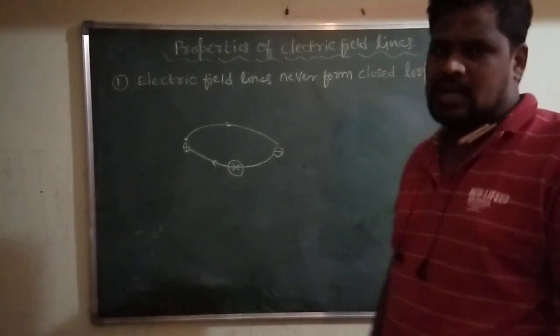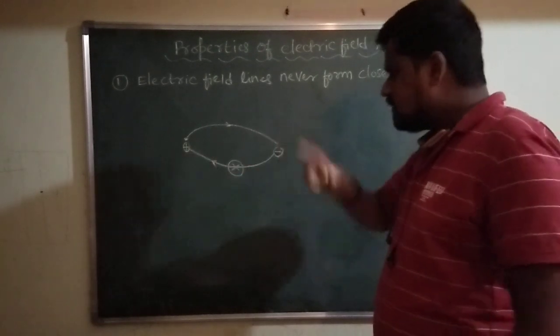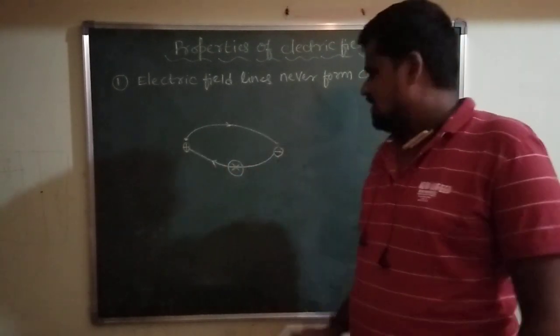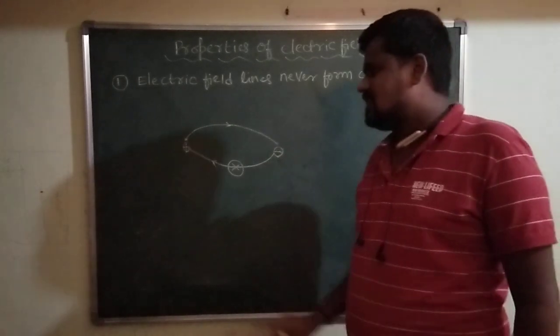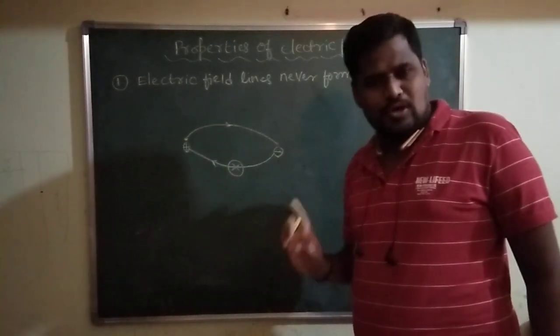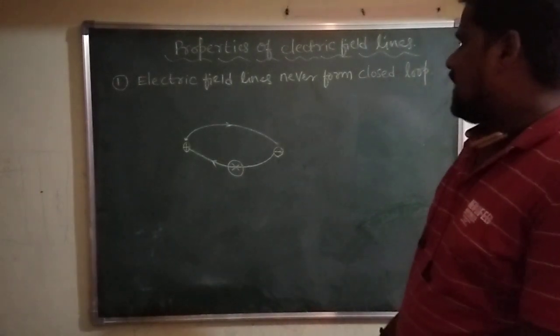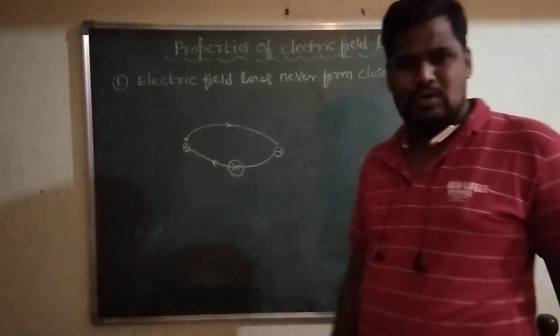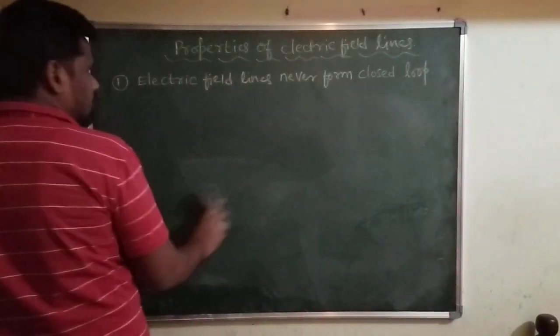But unfortunately, electric field lines start from positive charge and end with negative charge, but never start from negative charge and end with positive charge. That's what we can say, that electric field lines never form closed loop. This is the first important property of what?